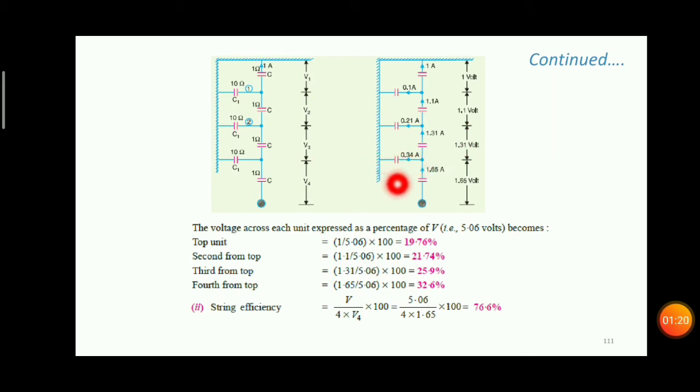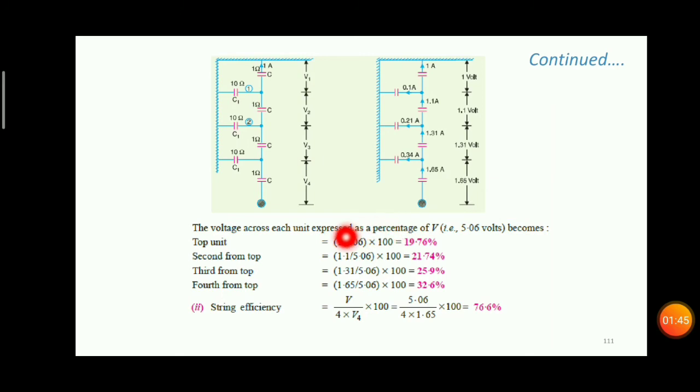Then we consider the third element. The voltage across the shunt element is V1 plus V2 plus V3, 1 plus 1.1 plus 1.31, which is 3.4, divided by 10 is 0.34 ampere. Then the total current I4 is 1.31 plus 0.34, 1.65 ampere, and the voltage is 1.65 volt.